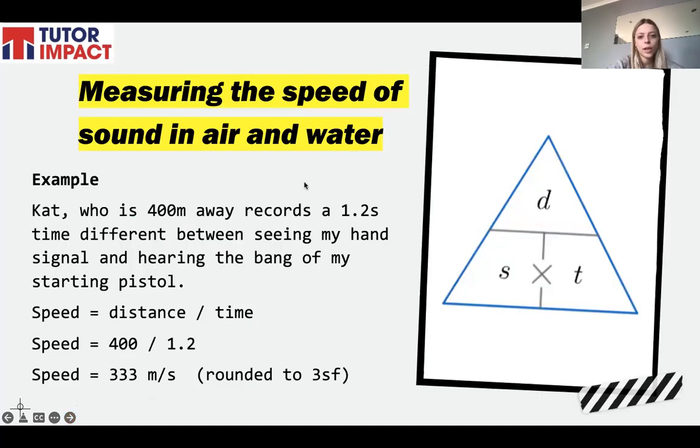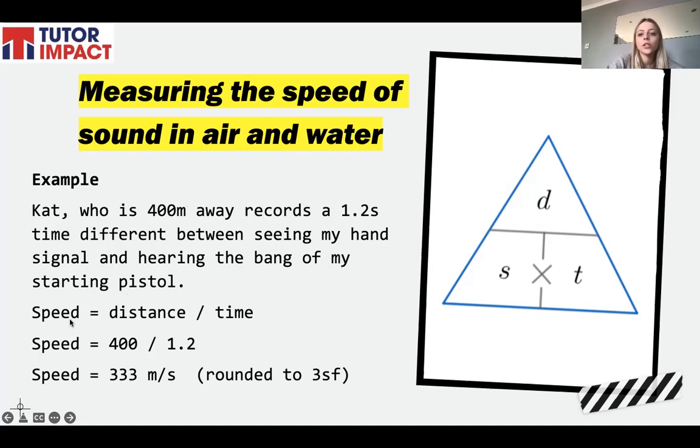Now, this is just a quick example of measuring the speed of sound in air and water. This one is in fact in air. We have Kat, who is 400 meters away, and records a 1.2 second time difference between seeing my hand signal and hearing the bang of my starting pistol for the race. We're working out the speed here. We want to know the speed of that sound traveling, and we are given the components needed.